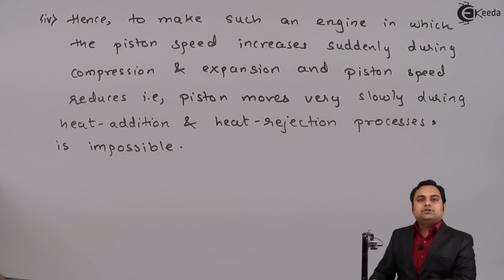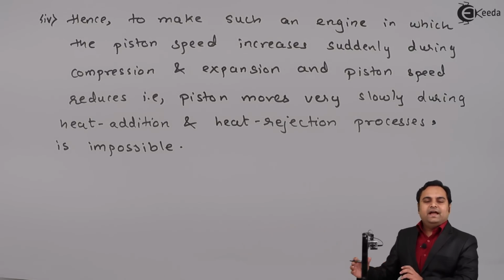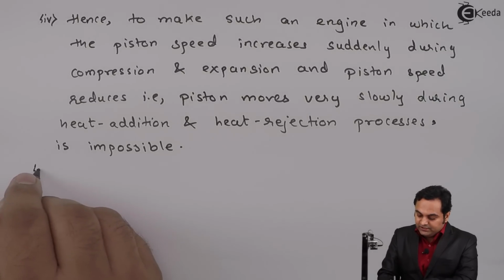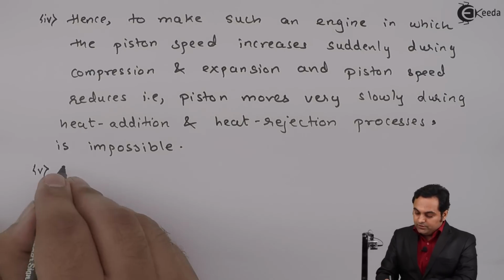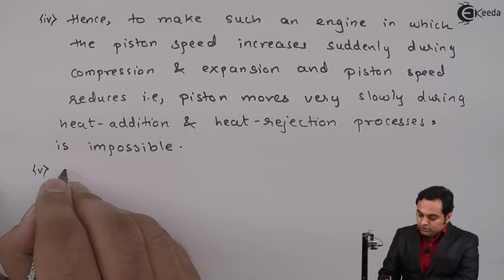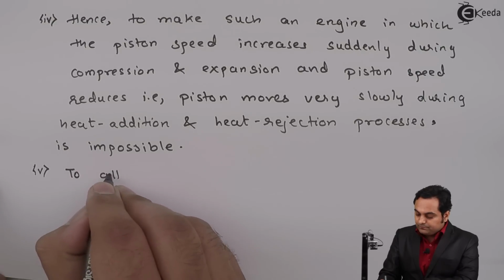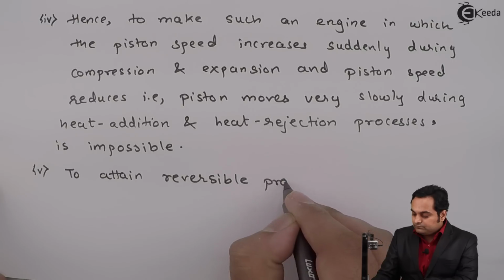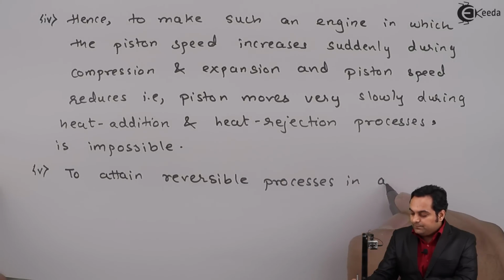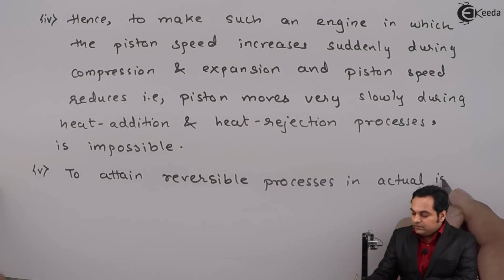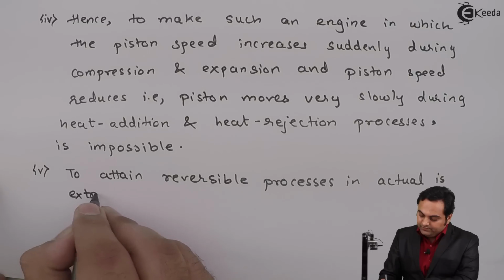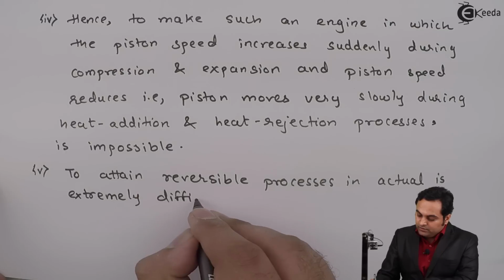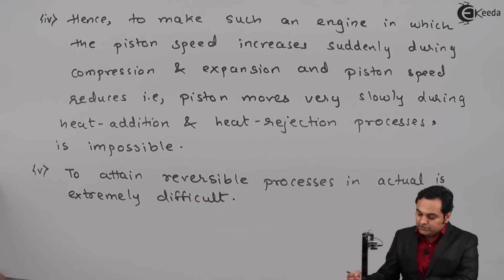So this is the limitation of the Carnot engine, that it is not an actual engine, or this cycle is not an actual cycle. It is only a theoretical concept. Then we can say that to attain reversible processes in actual is extremely difficult. That is why the Carnot cycle is not an actual cycle.